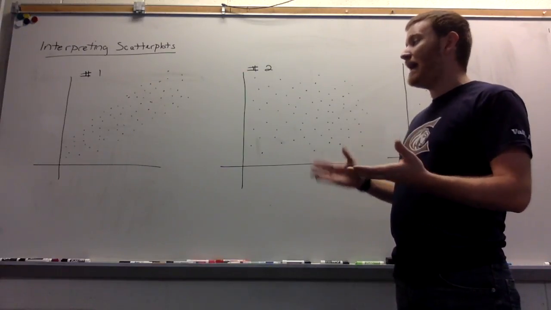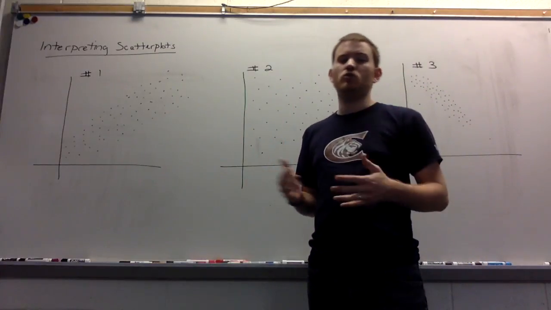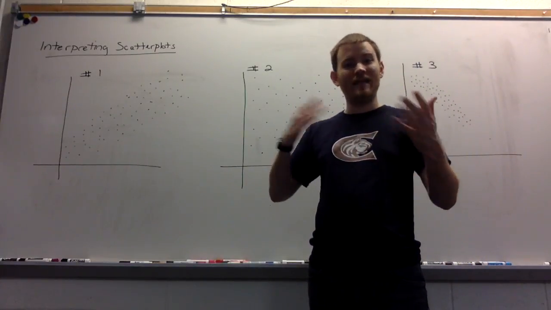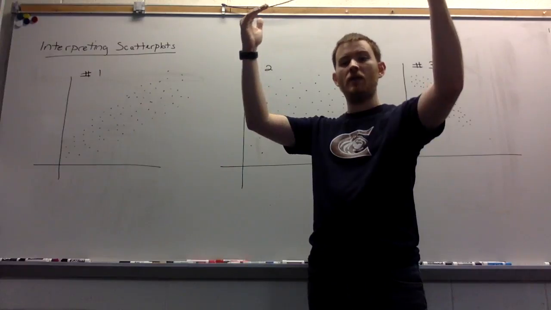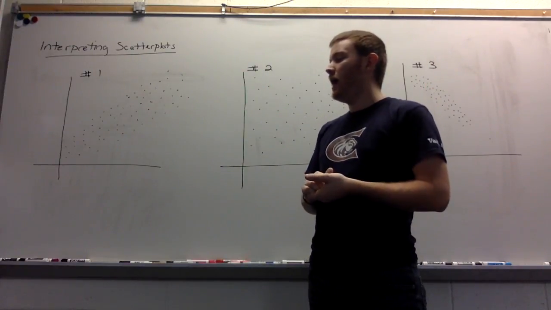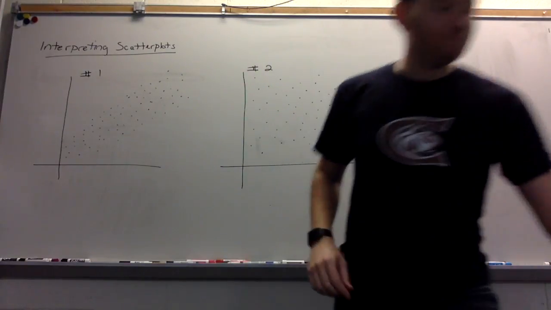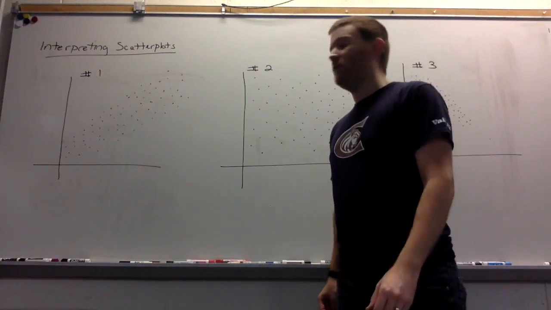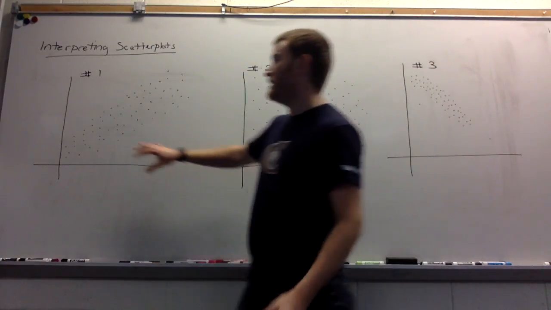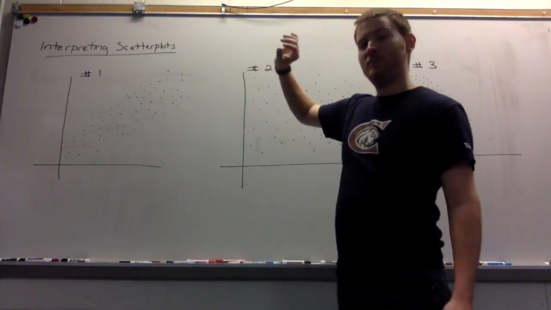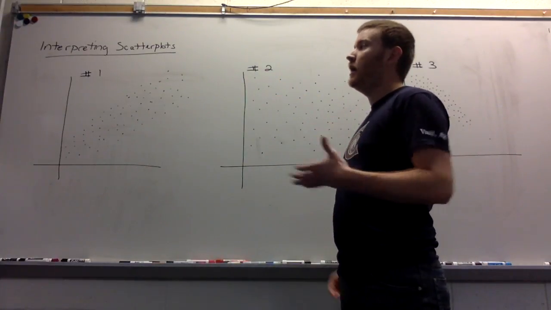That just means that as one increases, the other increases as well. They're not offsetting each other, but they're both increasing together or both decreasing together. That's talking about the direction of our pattern here, that it is increasing and it's positive. That's the direction of graph number 1.